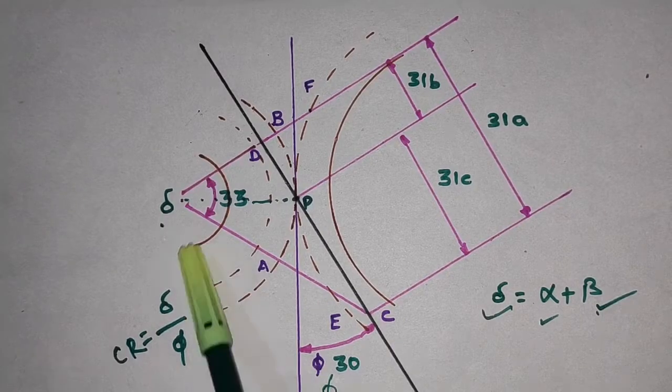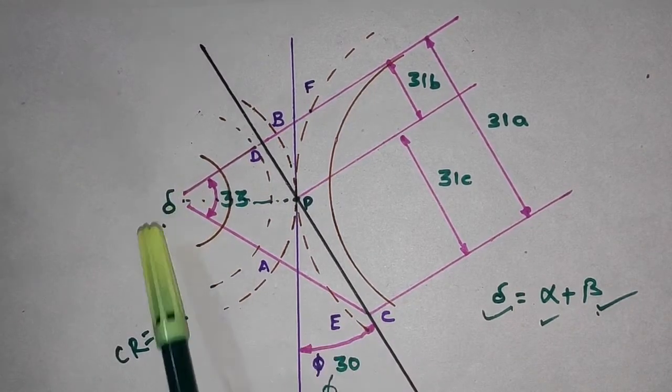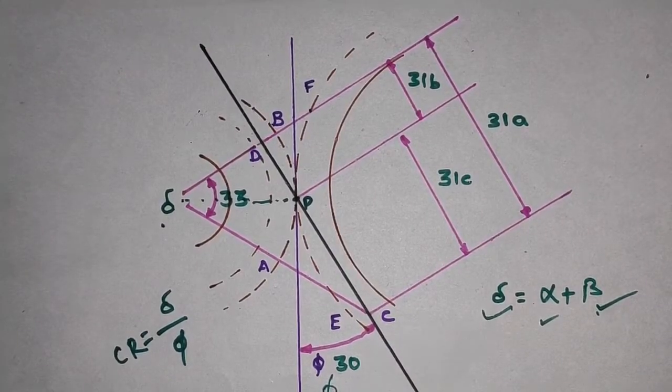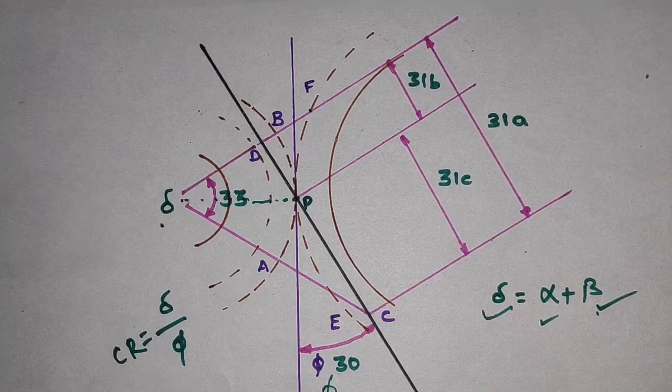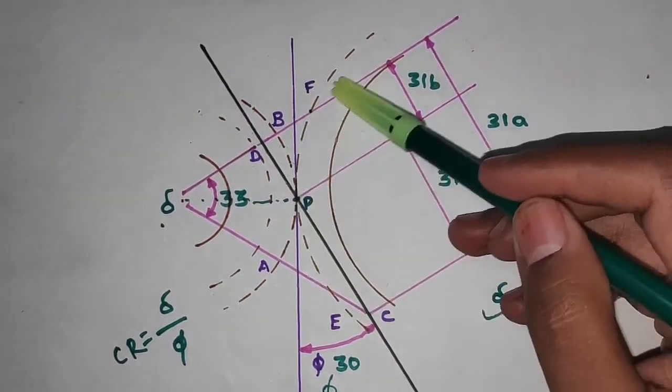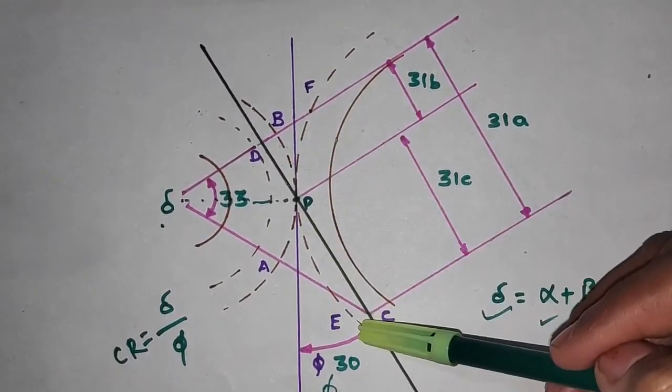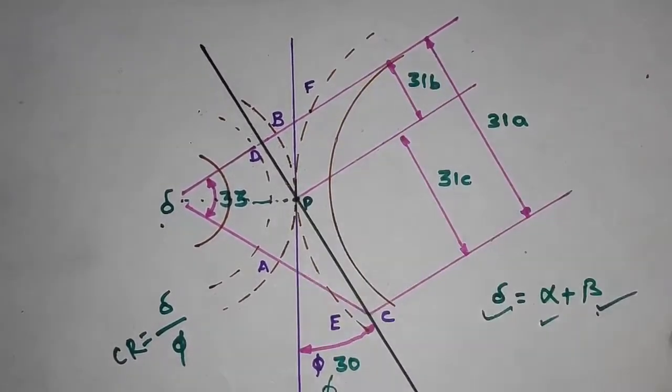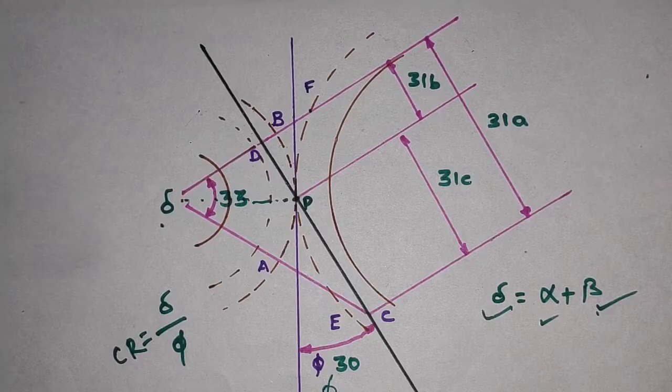The contact ratio can also be expressed in terms of arc length: the arc of contact divided by the circular pitch gives the contact ratio in terms of arc length.